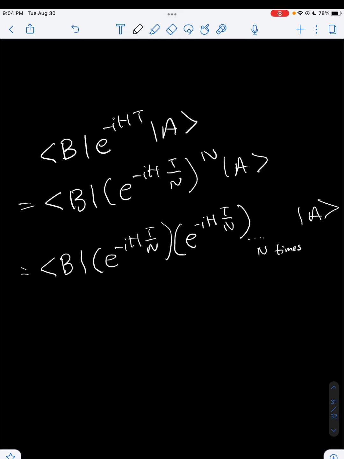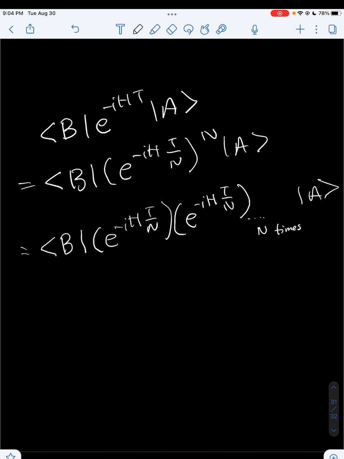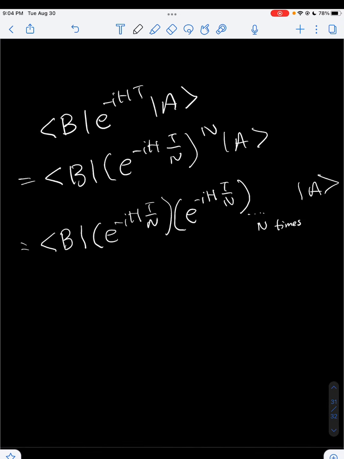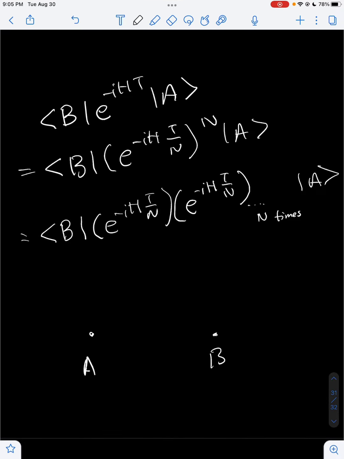So what does this correspond to in a physical picture for those of you that might be a bit lost? All we're saying here is that the probability that we go from A to B in time t is equal to the probability that we go from A to B in time t over n, n times.